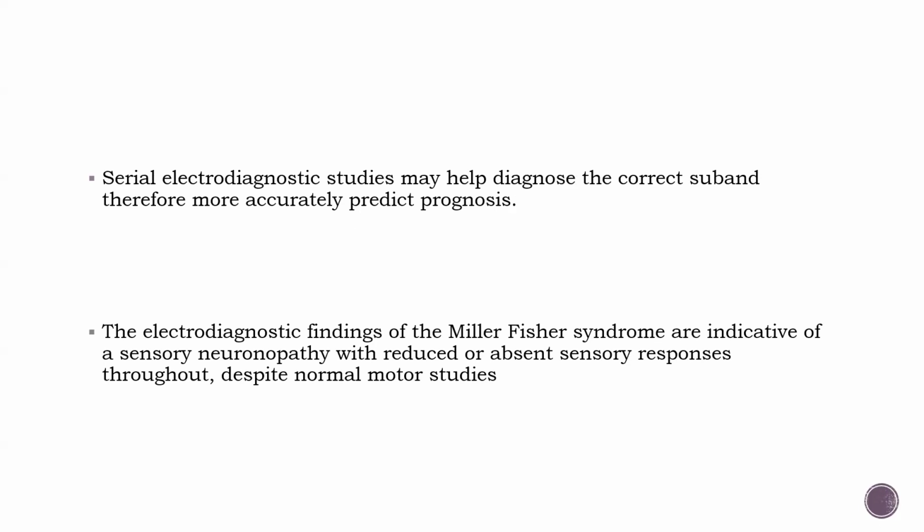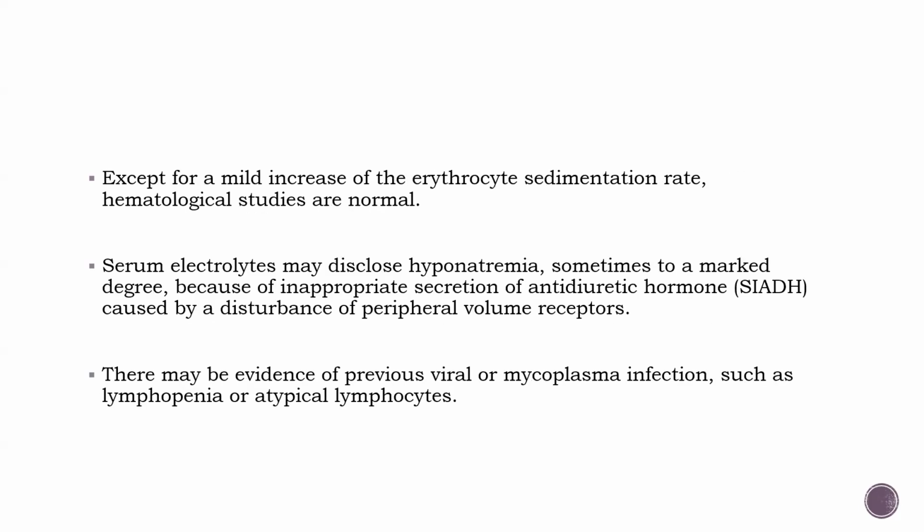Serial electrodiagnostic studies may help diagnose the correct subtype and therefore more accurately predict the prognosis. The electrodiagnostic findings of Miller-Fisher syndrome are indicative of a sensory neuropathy with reduced or absent sensory responses throughout despite normal motor status. Except for mild increase in ESR, hematological studies are normal.